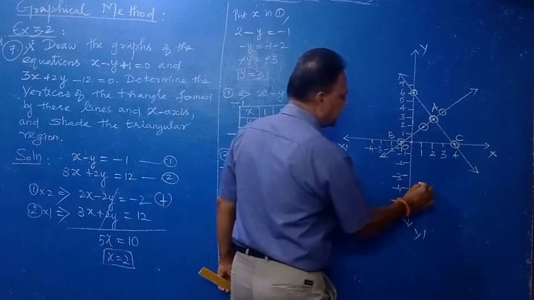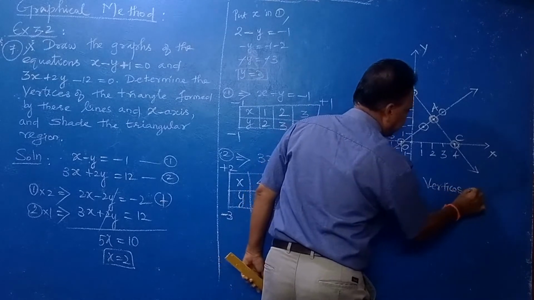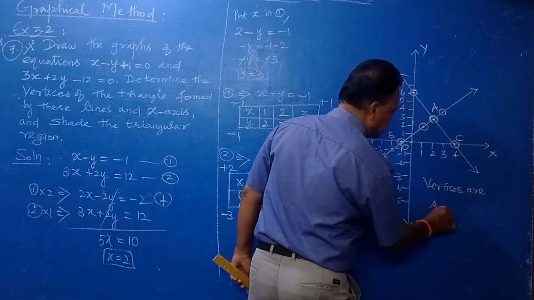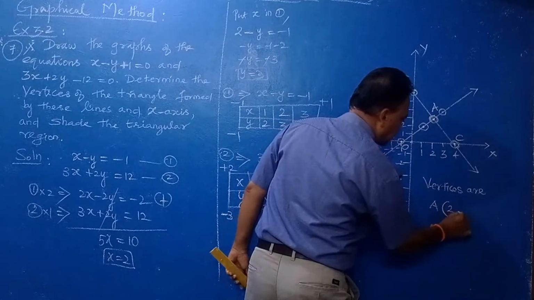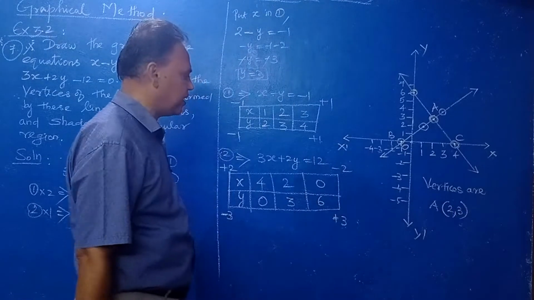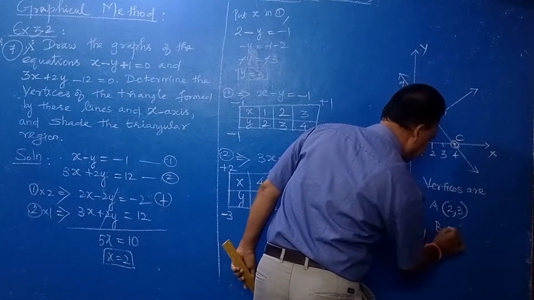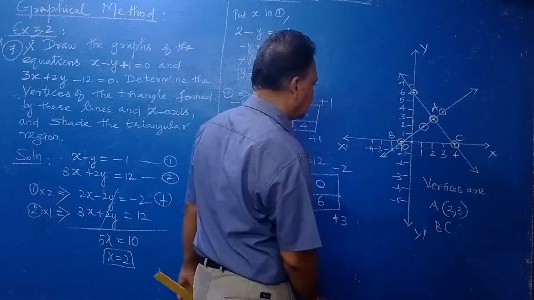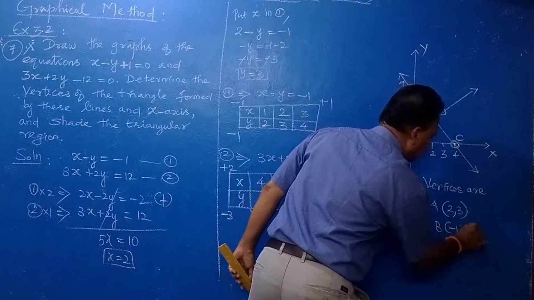Therefore you can write the vertices in the graph itself. Vertices are: A is (2, 3). Correctly you have to write, first the x coordinate, then the y coordinate. Then B is (-1, 0), y coordinate 0.